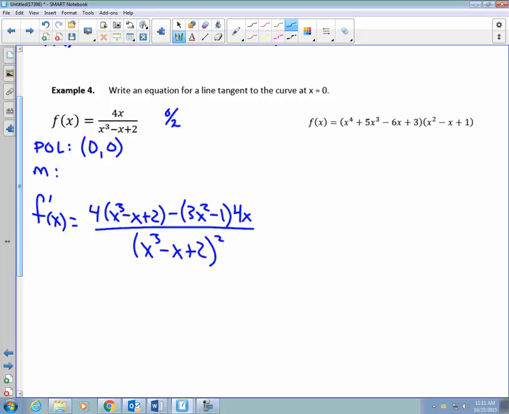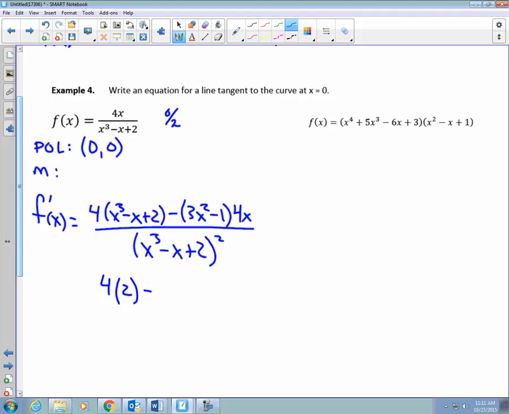Your gut tells you that you should simplify that because you're used to doing that in algebra. But does the problem ask us to give a simplified version of the derivative? It simply asks us to find the slope. So all I have to do is plug in what for x? Just plug in 0. I get 4 times 0 minus 0 plus 2 is 2, minus negative 1 times 0 is 0.